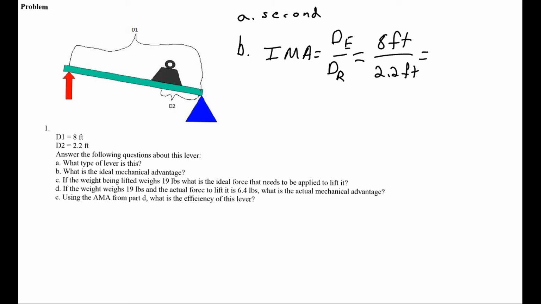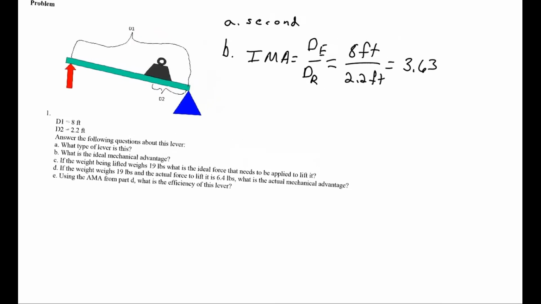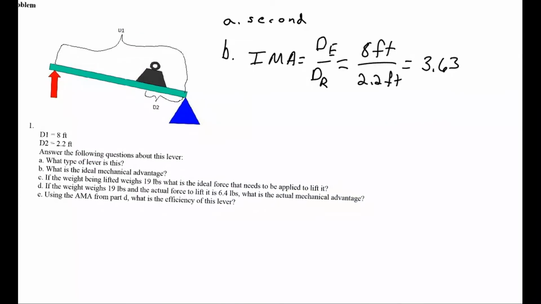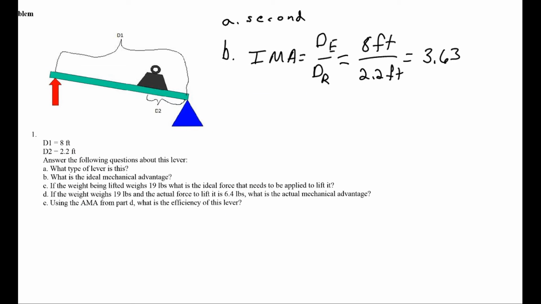And what's that equal when you divide that out? 3.63. We'll just leave it there. And there are no units on this because we divided feet by feet, so those cancel. So the IMA is unitless. Any questions on part B there?